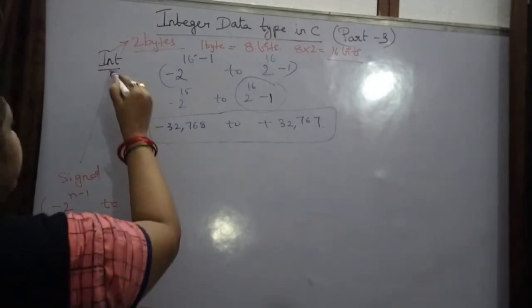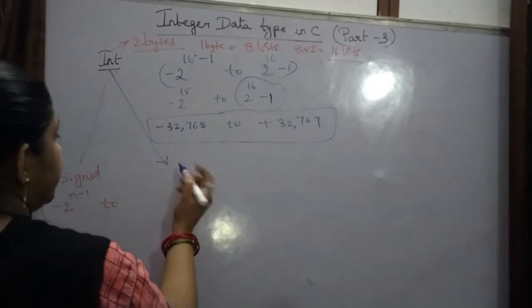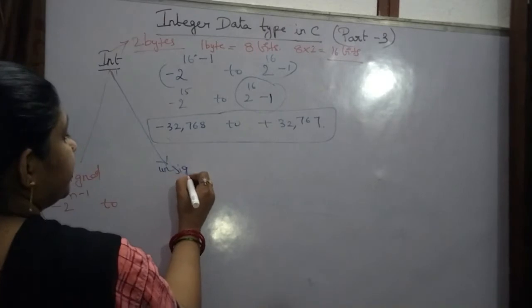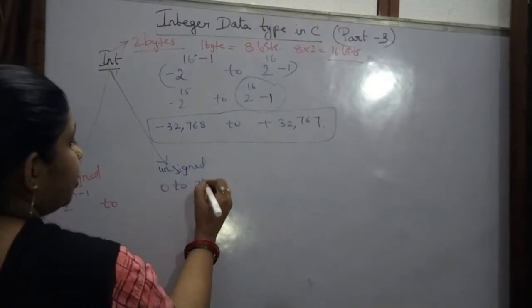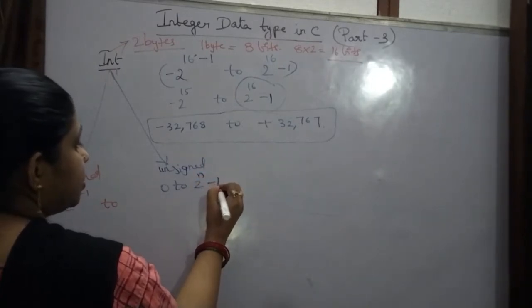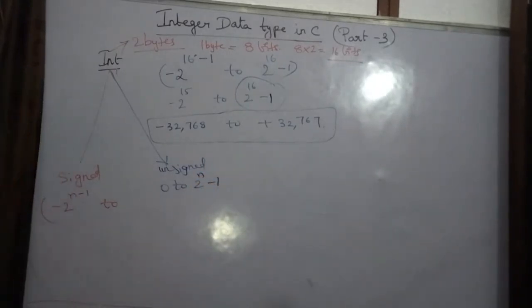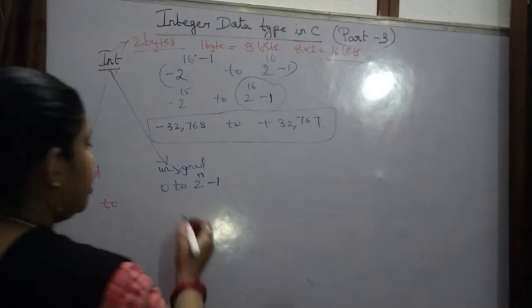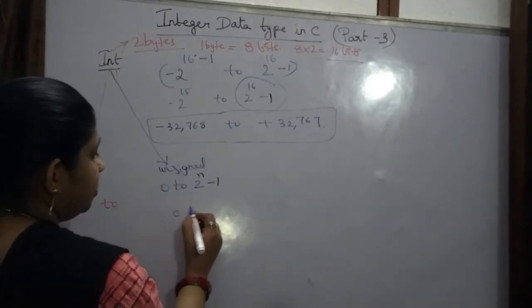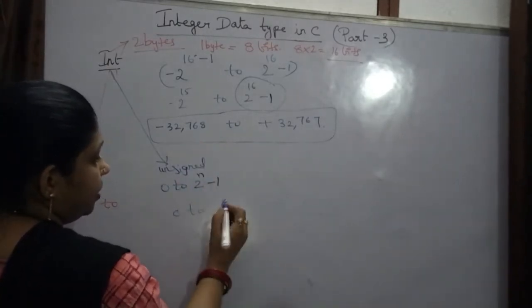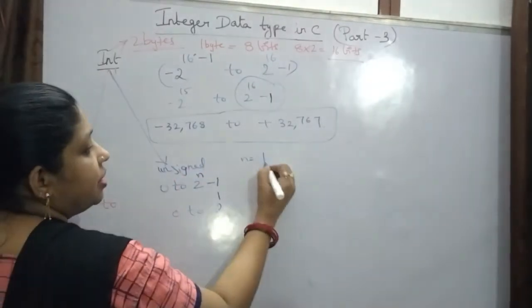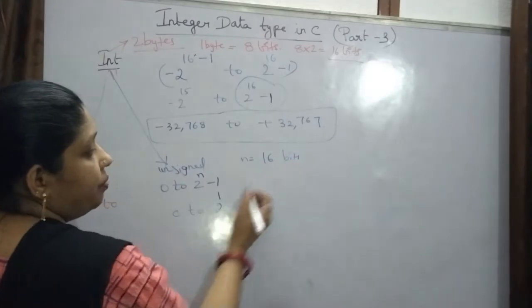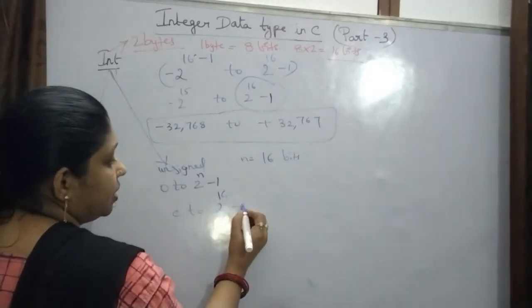Now for the integer unsigned data type, you have a range of values from 0 to 2 to the power of n minus 1, right? So now this comes around 0 to... 2 to the power of n is nothing but 16 bits of memory, so 2 to the power of 16 minus 1.